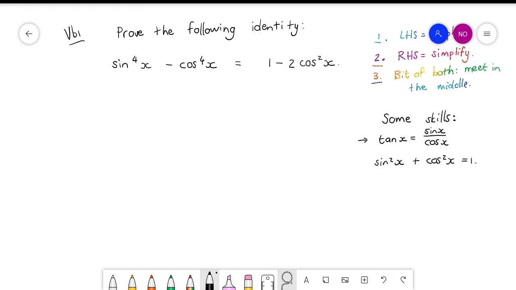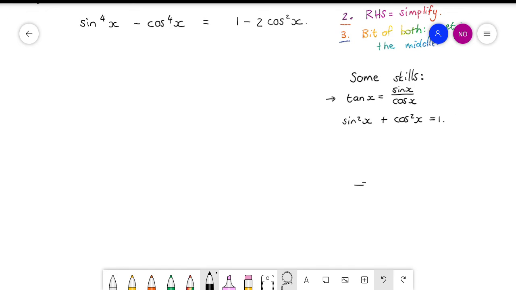Then other things that you can use from past mathematical knowledge is factorization, which is nudge nudge wink wink what we are going to do with this one.